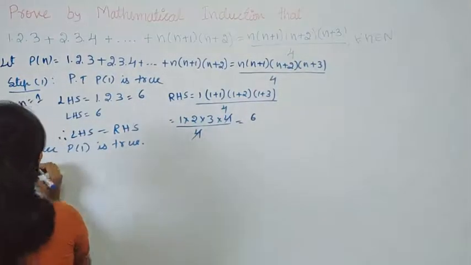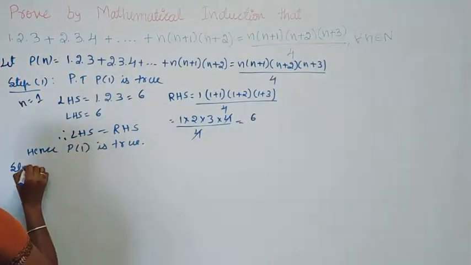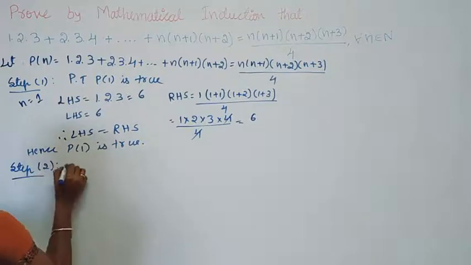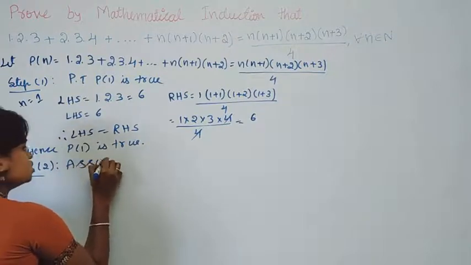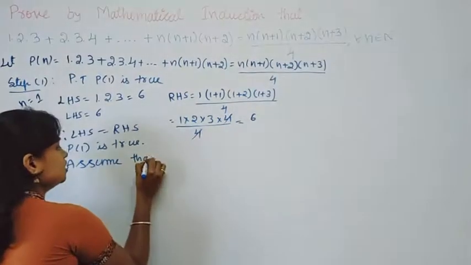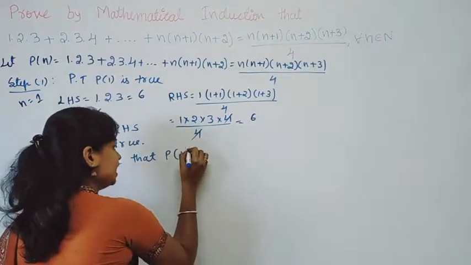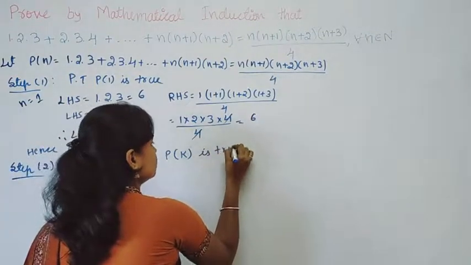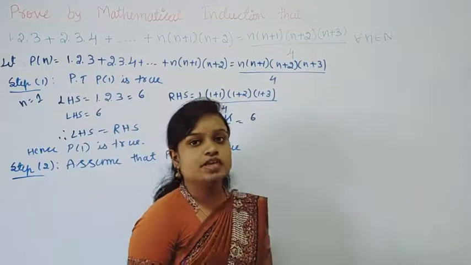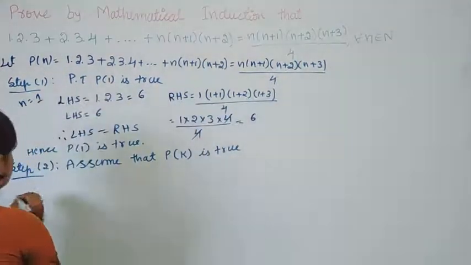So next, step 2. What is step 2? Assume that P of k is true. So what is P of k?